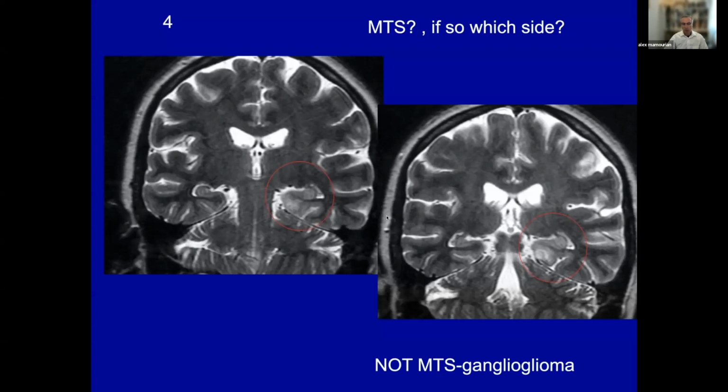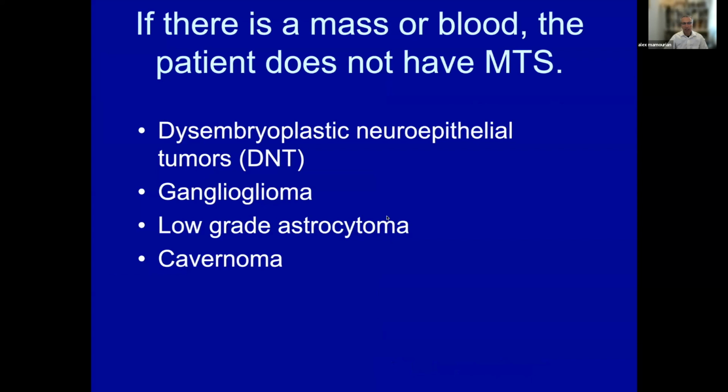The important observation is to decide if you see evidence of mass effect, or if you see abnormal signal that extends outside of the hippocampus, the patient does not have mesial temporal sclerosis. The tumors are often low-grade tumors like DNTs, gangliogliomas, low-grade astrocytomas.